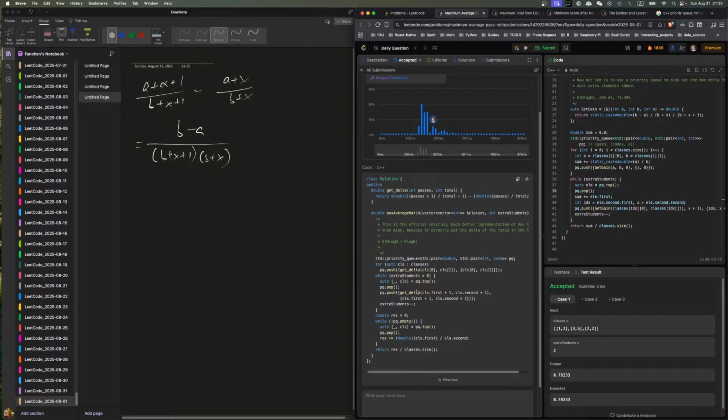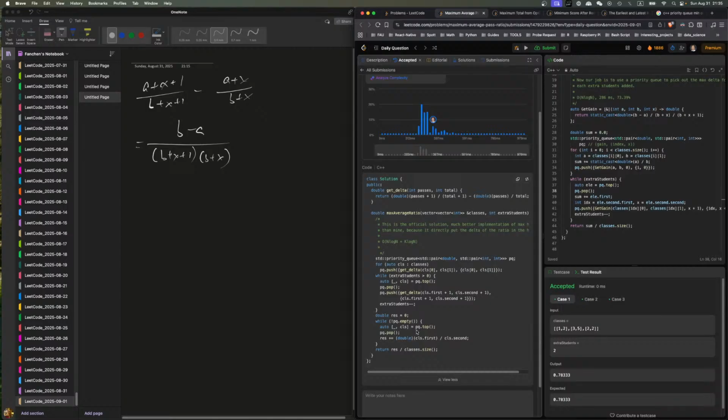Where are you accumulating the result? PQ top, PQ pop, and PQ push. Okay, I actually don't understand. You have to keep adding along the way, right?